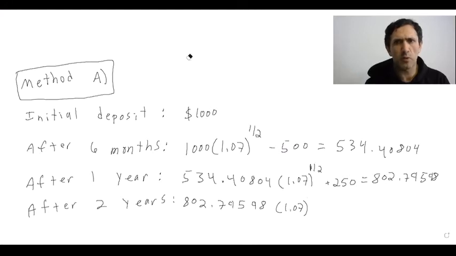So it's just times 1.07. And we withdraw $100 after 2 years. And so this is going to be 758 and roughly 99 cents. Sorry, that's 99, not 97. Let's fix that.